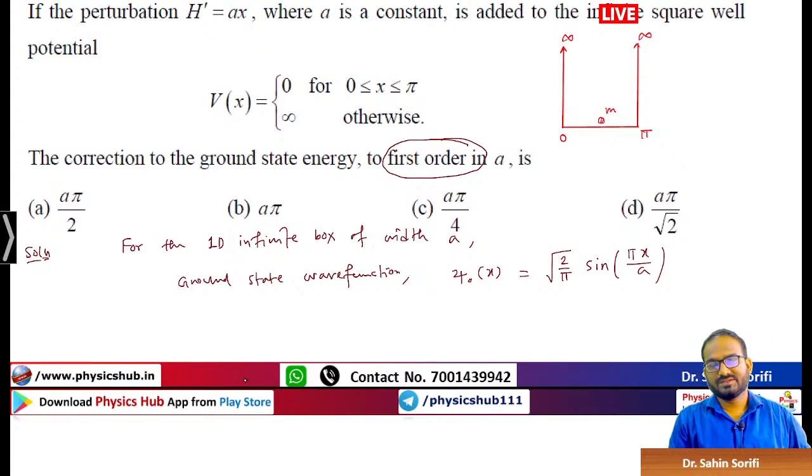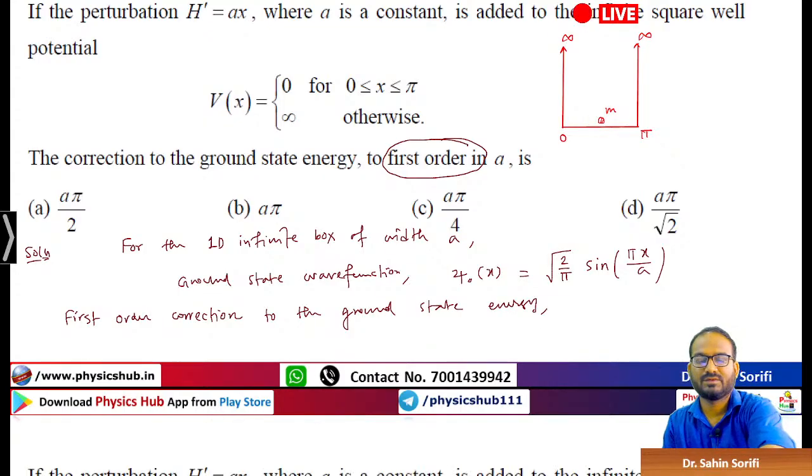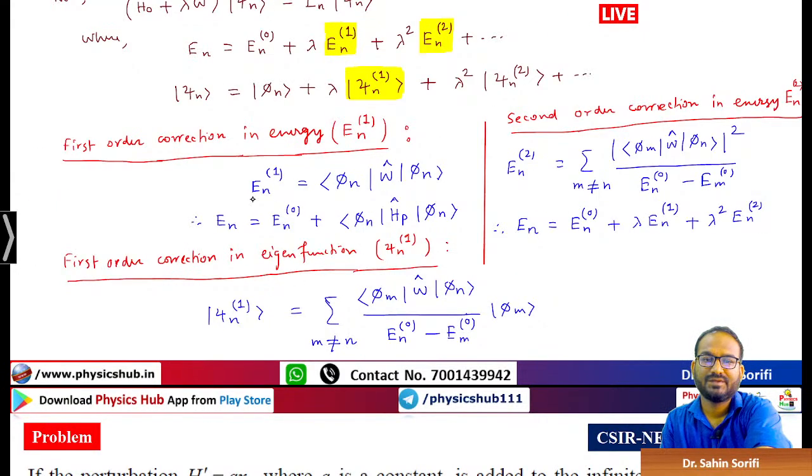Now, what is the first order correction in energy? First order correction to the ground state energy. Look at the formula. What was the formula? E n 1 equals phi n H prime phi n.